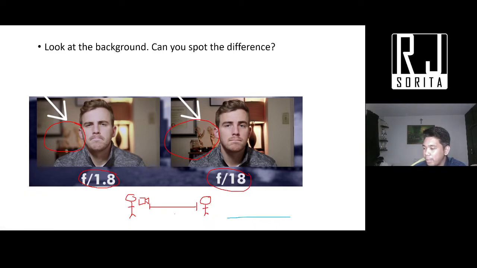So when you have a bigger depth of field, the focus will actually be bigger. So the effect is nothing will get blurred. Everything will be in focus, just like in this image. Because the depth of field is big, the images in the background were also focused.